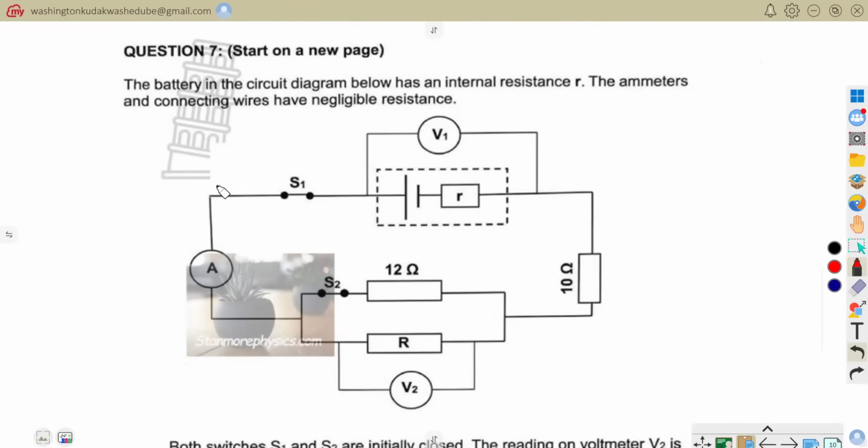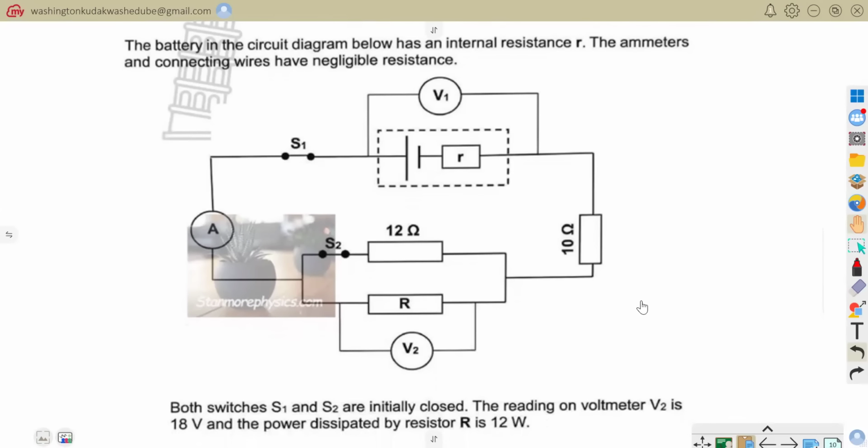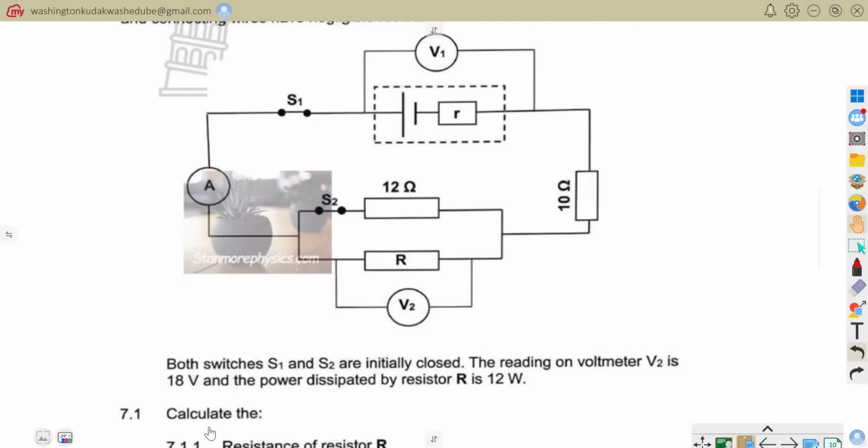So on question number 7, this is the diagram that you are given. After being given that diagram, they now told you that both switches S1 and S2 are initially closed.